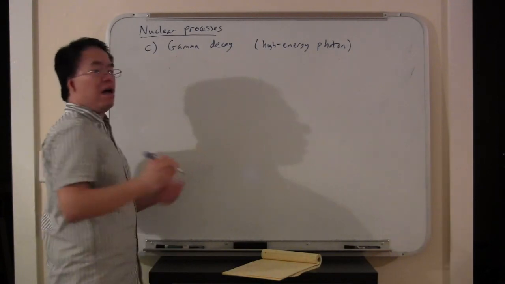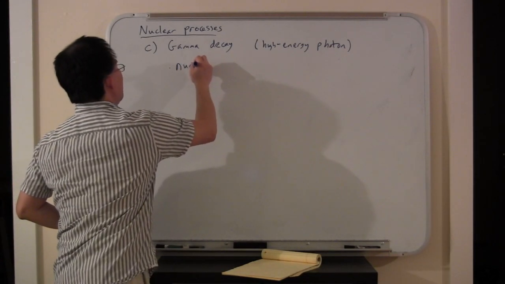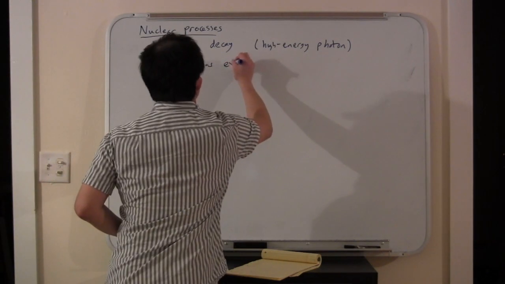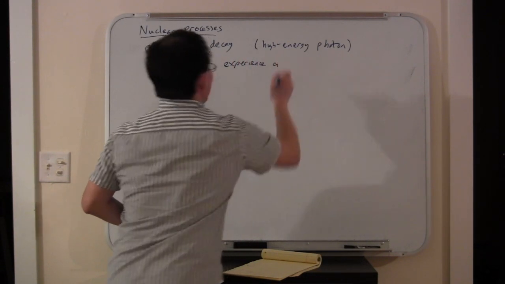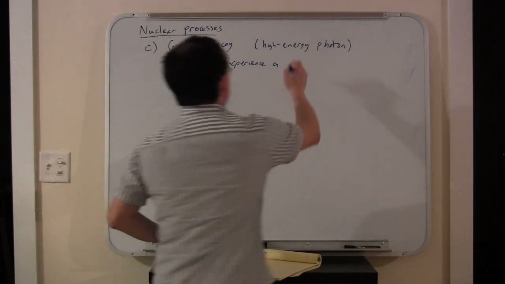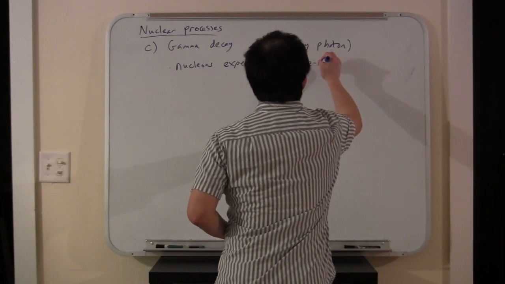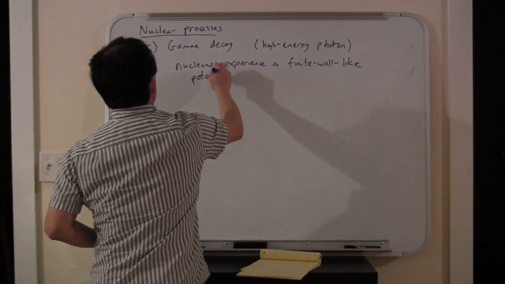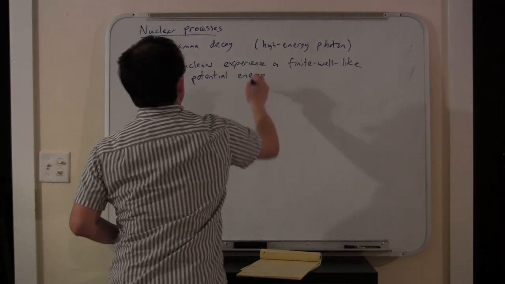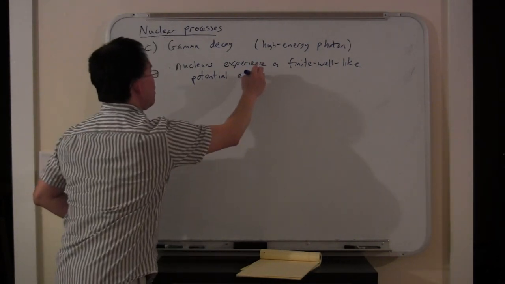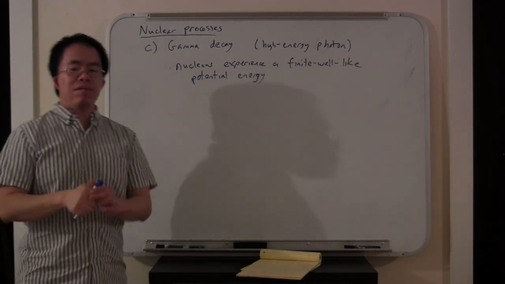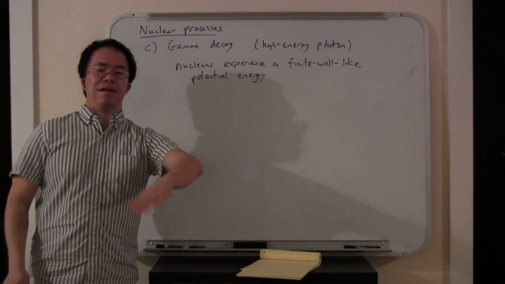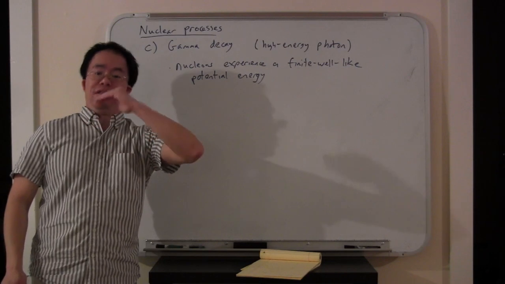Rather, it turns out that nucleons in the nucleus experience a potential energy that's finite well-like. A finite potential energy. And as you know from studying the finite well earlier in 1D quantum mechanics, a finite well has discrete energy eigenvalues.